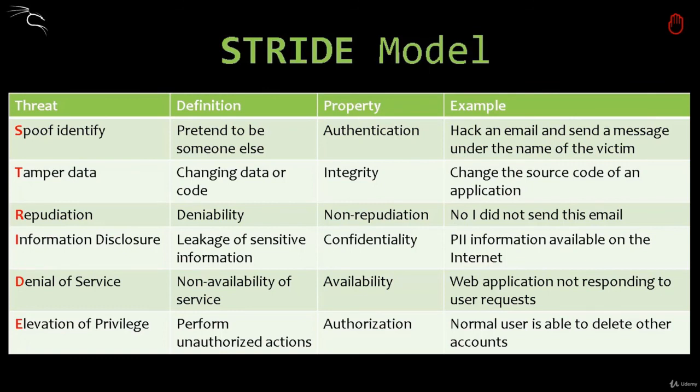Encryption and access control lists can also be implemented to protect against information leakage. Permissions, access controls, quotas, and some filtering techniques can be employed to protect against denial of service, and we can implement input validation and access controls to protect against elevation of privilege.